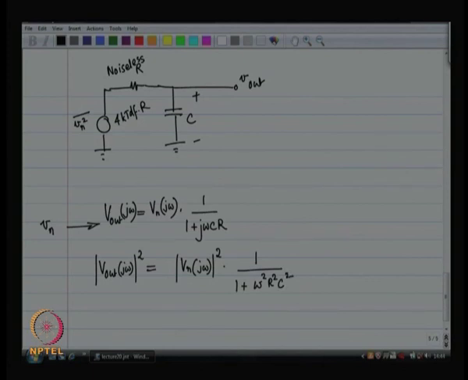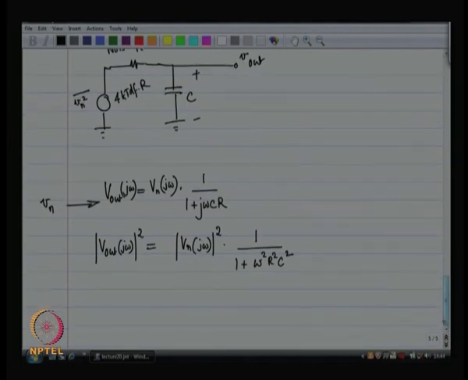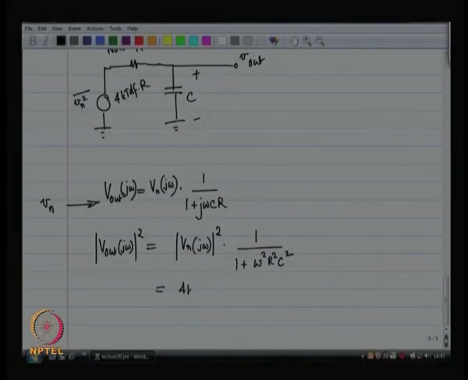All right, and Vn of j omega magnitude squared is what? Vn at j omega magnitude squared is really equal to 4 kT R times df.